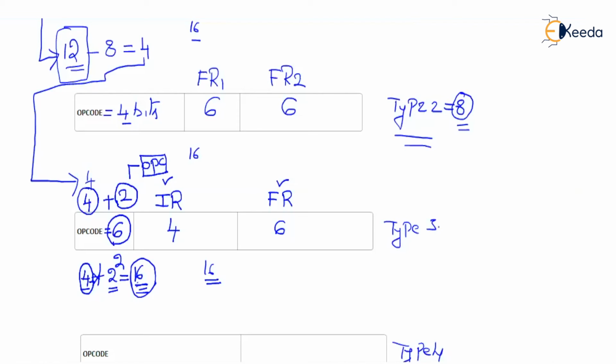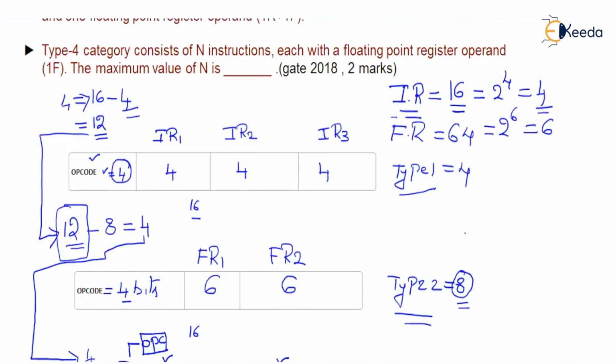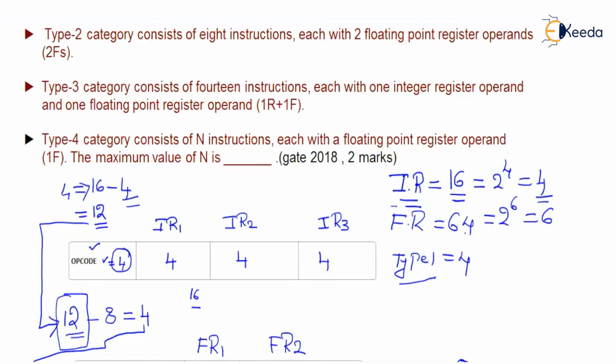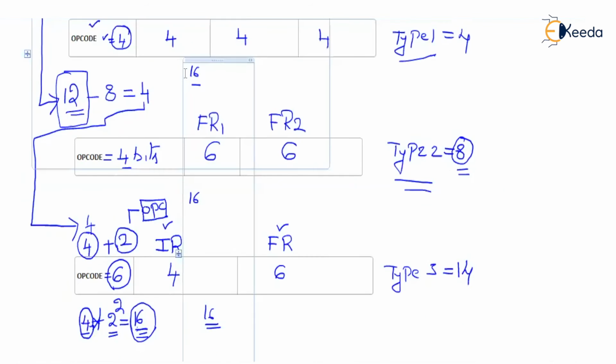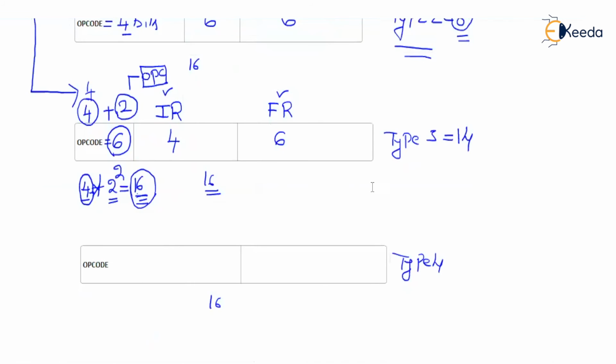But type 3 instructions are equal to just 14. If you have a look, there are 14 instructions. Okay, so in the first 6 digits, after encoding type 1, type 2 and type 3, we are still left with 2 more combinations.